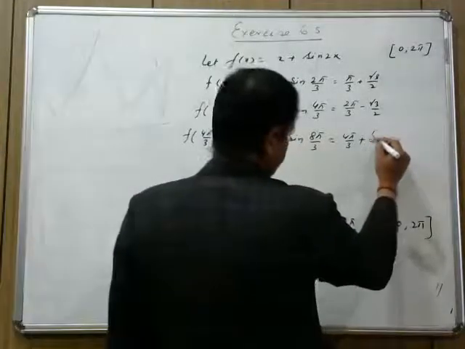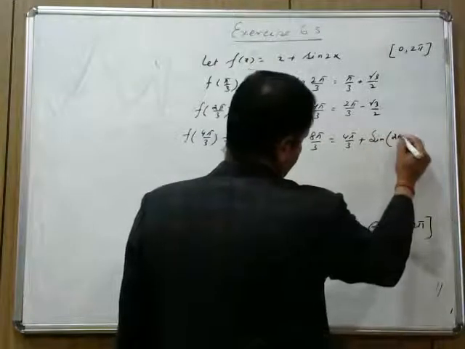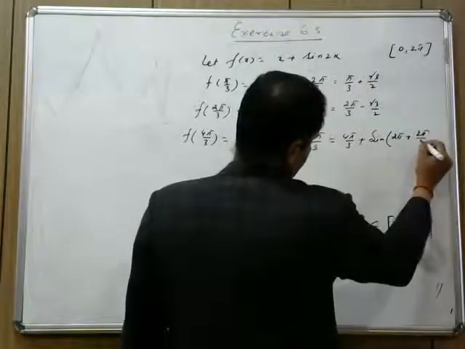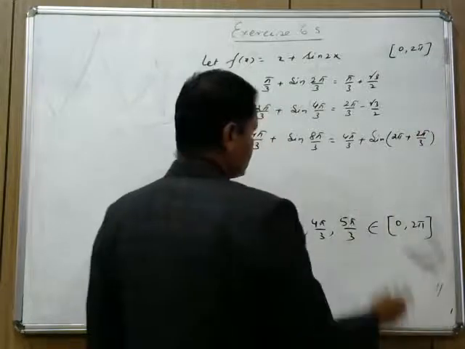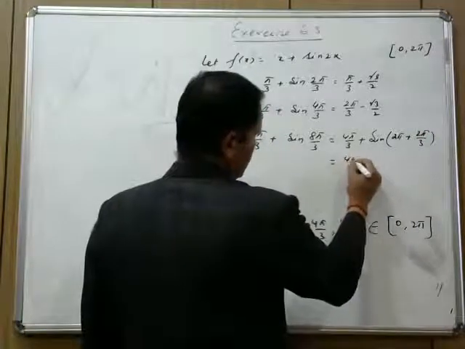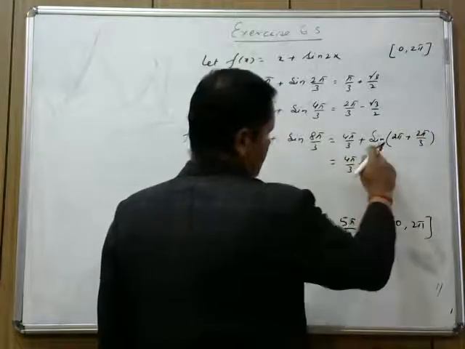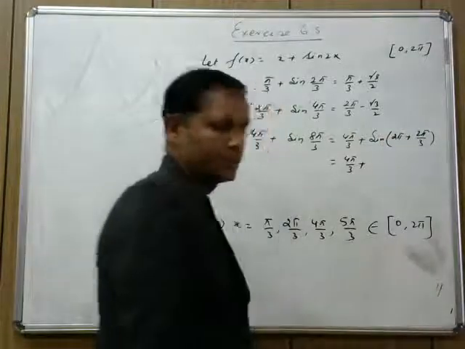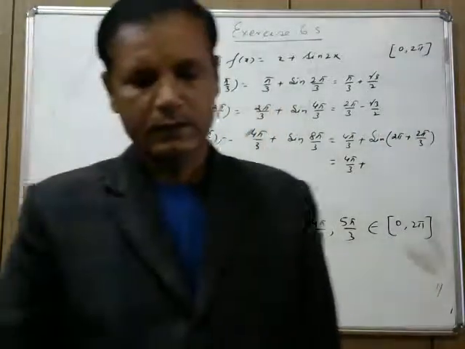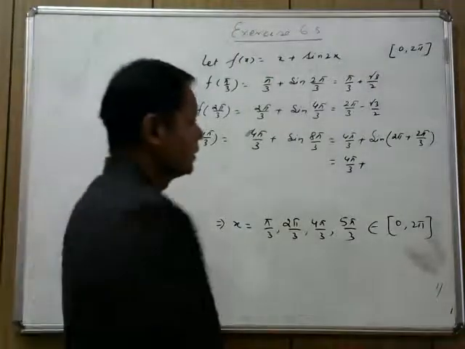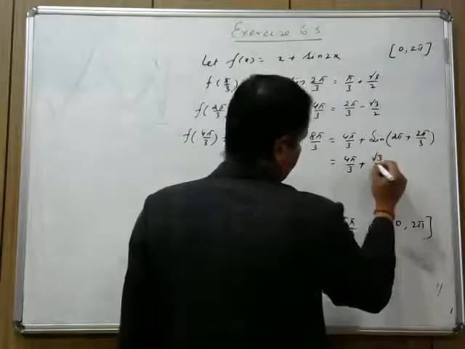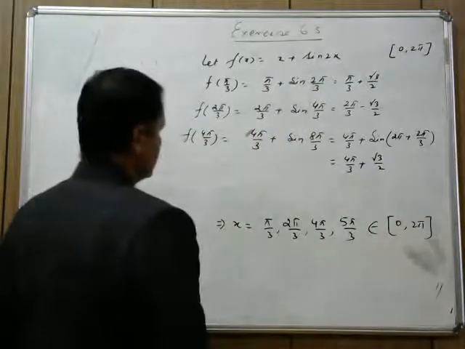Can I write sine of 2 pi plus 2 pi by 3? 6 pi plus 2 pi is 8 pi by 3. It will give you 4 pi by 3 plus sine of 2 pi plus 2 pi by 3. The value will be positive. That's why 4 pi by 3 plus root 3 by 2. We got it at 4 pi by 3.